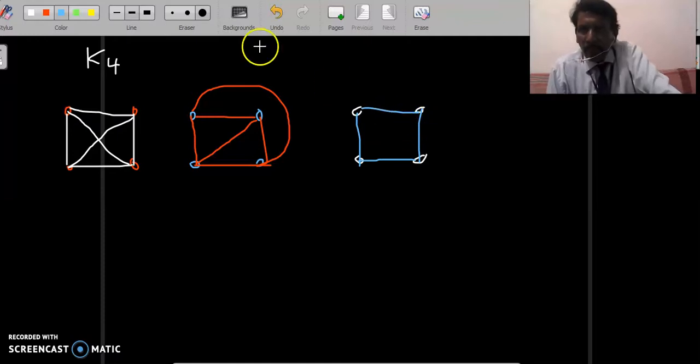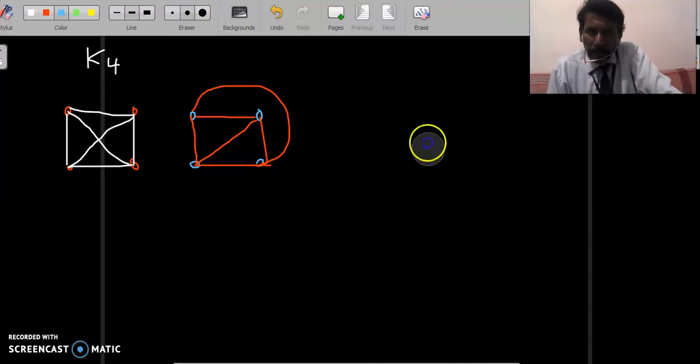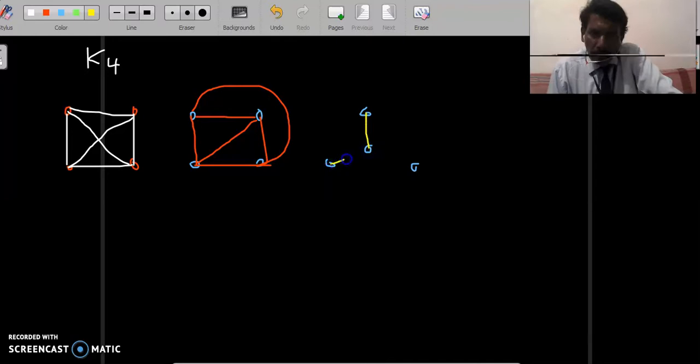Sorry, actually this is wrong. I beg your pardon, I will draw the picture like this. This is one vertex, another vertex, the third vertex, the fourth vertex. Now let me join this way.